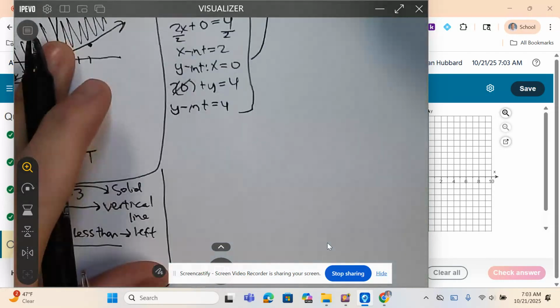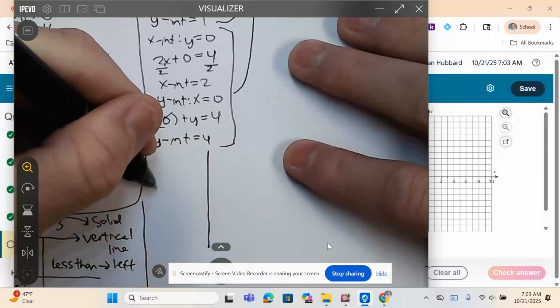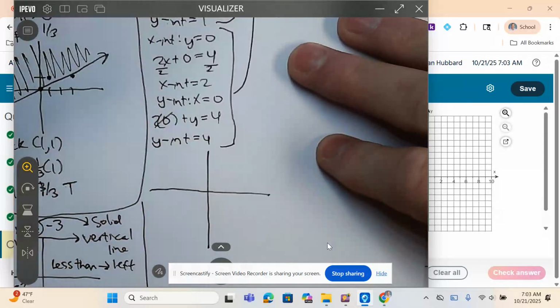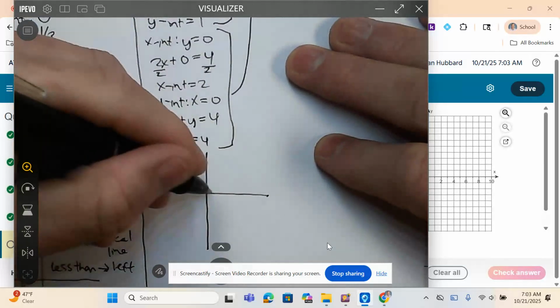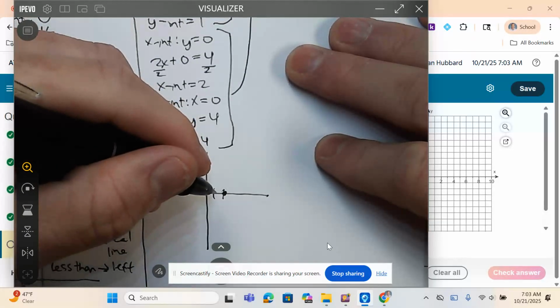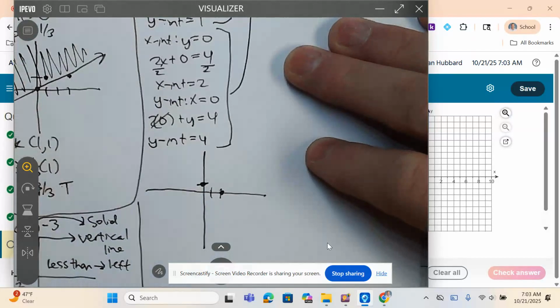So now we're going to plot our graphs, to see what we're working with. They're both solid. The first one has an x-intercept of 2 and a y-intercept of 1. And solid.